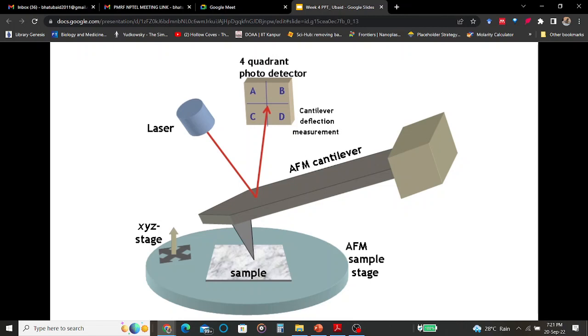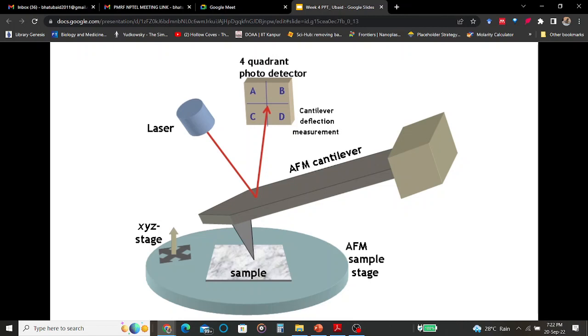So in this atomic force microscopy, the force between the sample and the probe is important, and the force is measured. That's why it's called atomic force microscopy. But there is no atomic part in this, as it is only the analysis of the topography of the surface that is done by AFM.